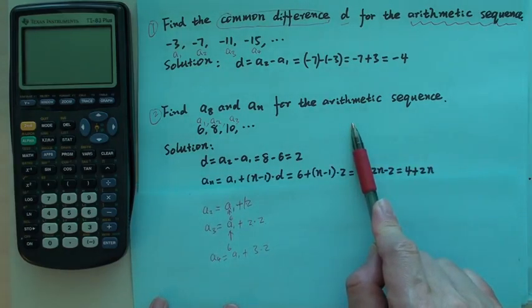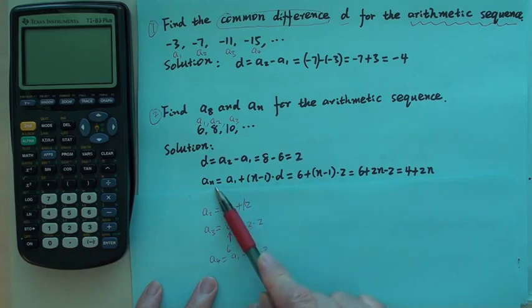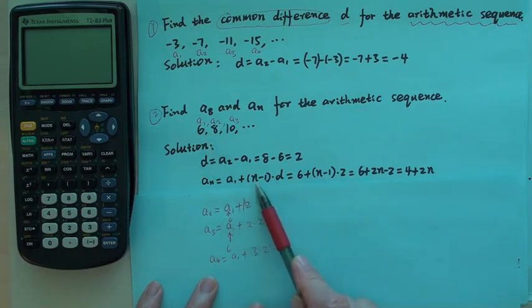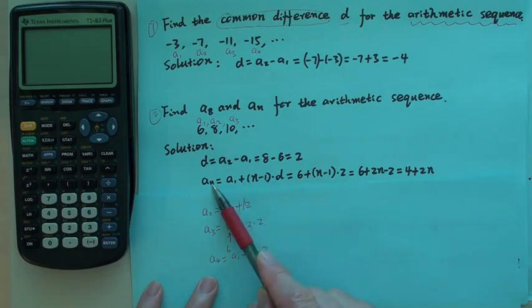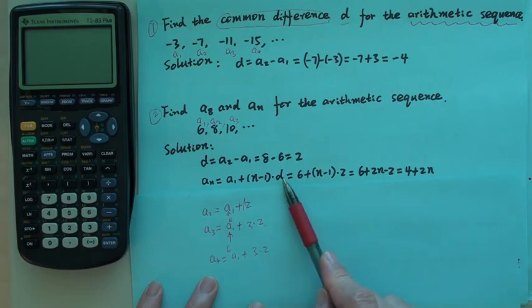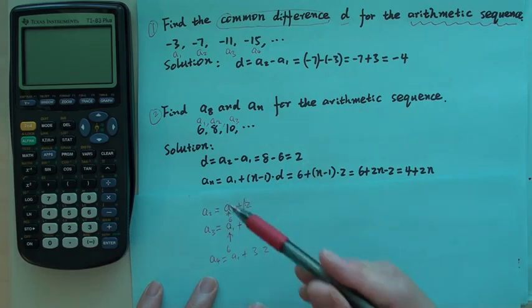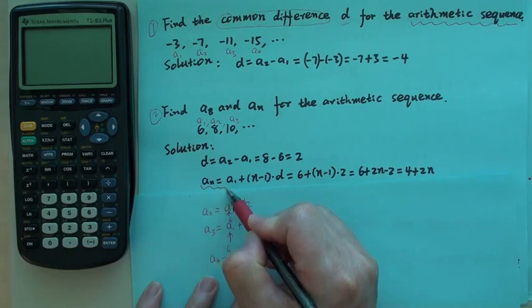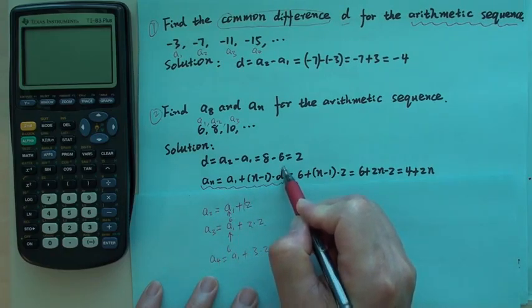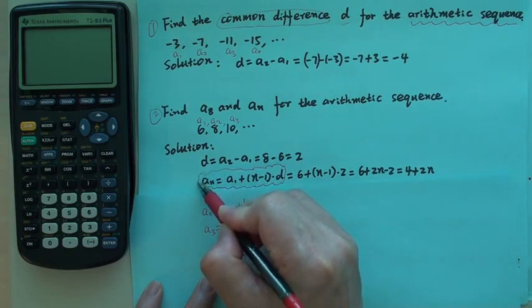So in general, the formula is: the nth term is the first term plus n minus 1, which is 1 smaller than n, times d. This is a very important formula. We have to use this formula all the time.